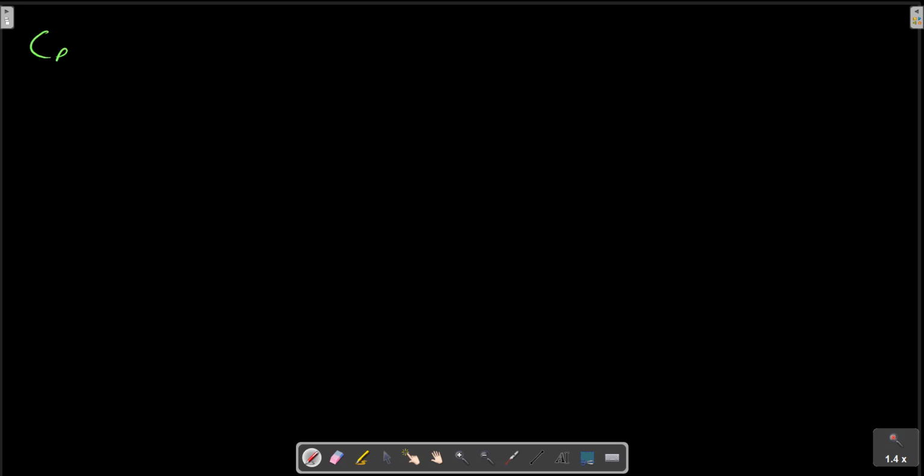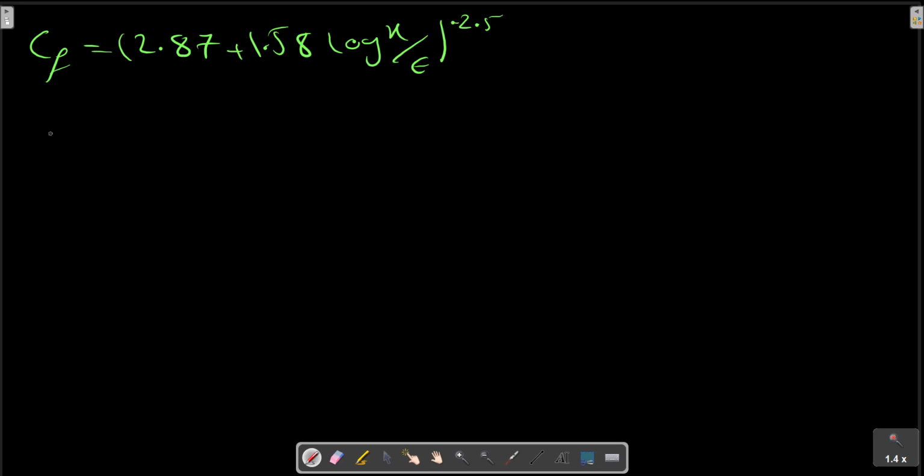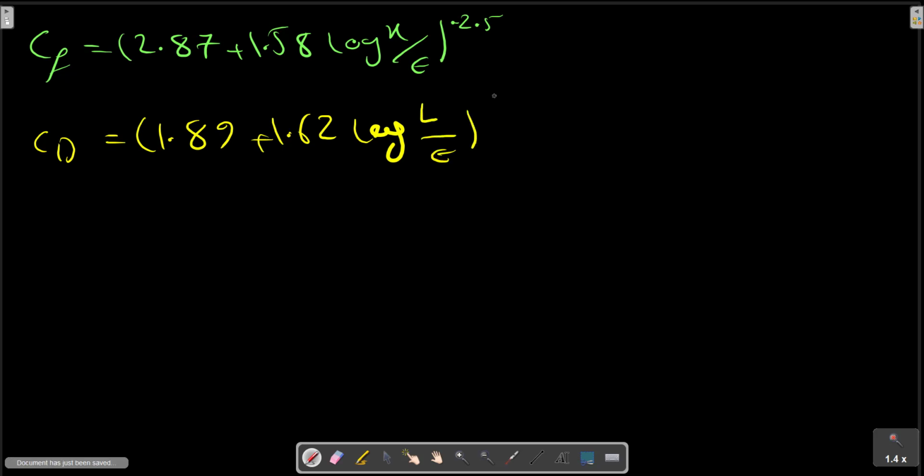For the skin friction, related to shear at wall, we have this, and also we have drag coefficient with L on epsilon, this equation.